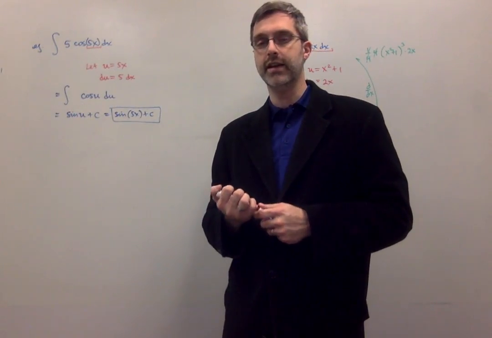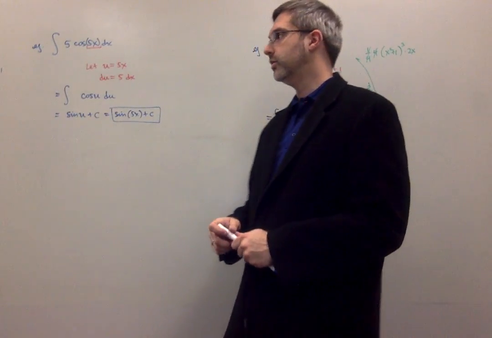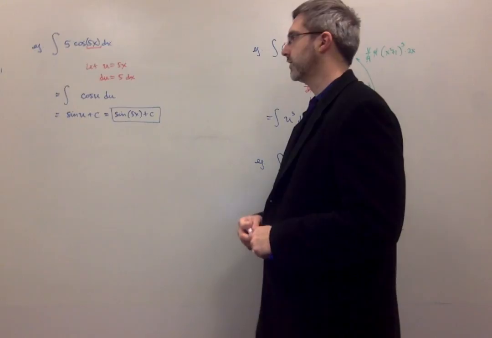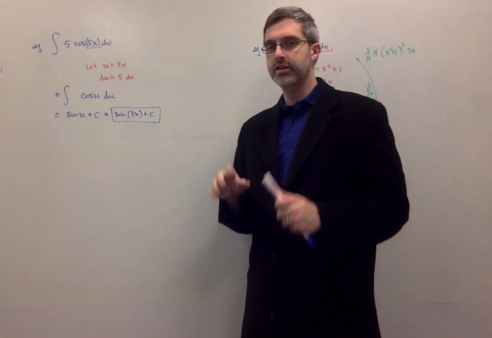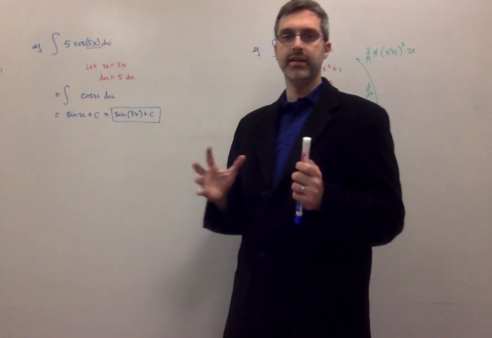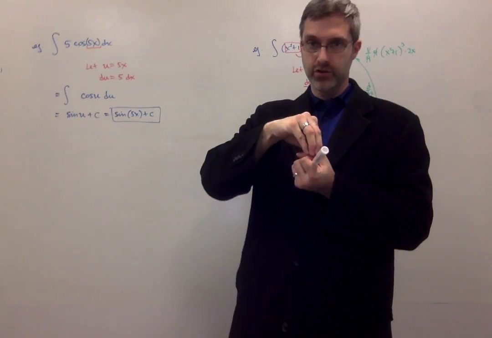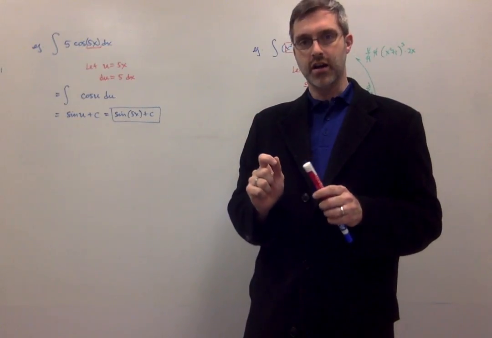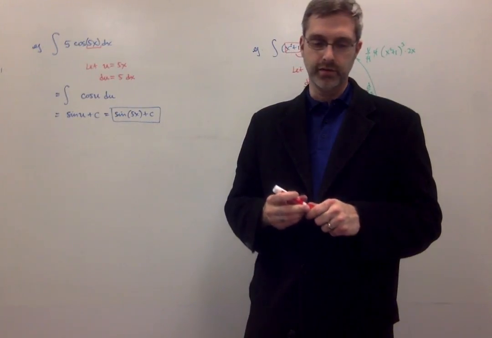We need to help make better educated guesses about how to do an integral. So whenever you see a composition within an integral, or you see the derivative of something in the integral, chances are that substitution is the technique that you probably want to try to use.